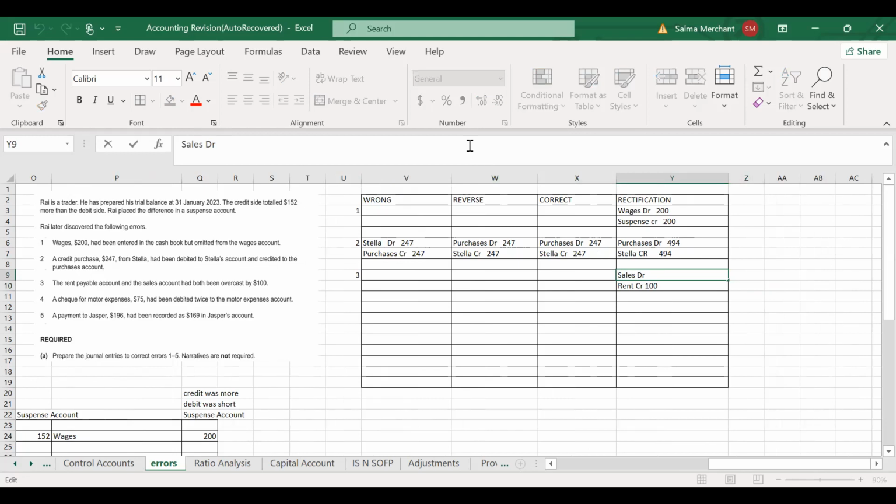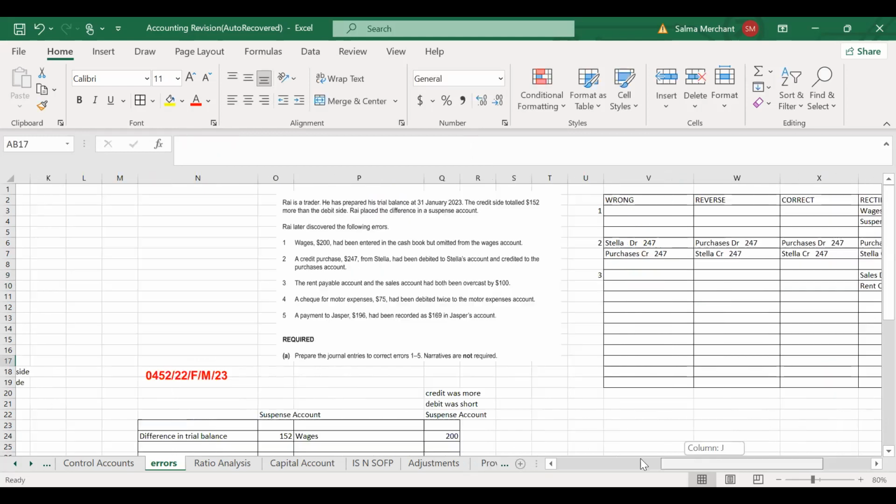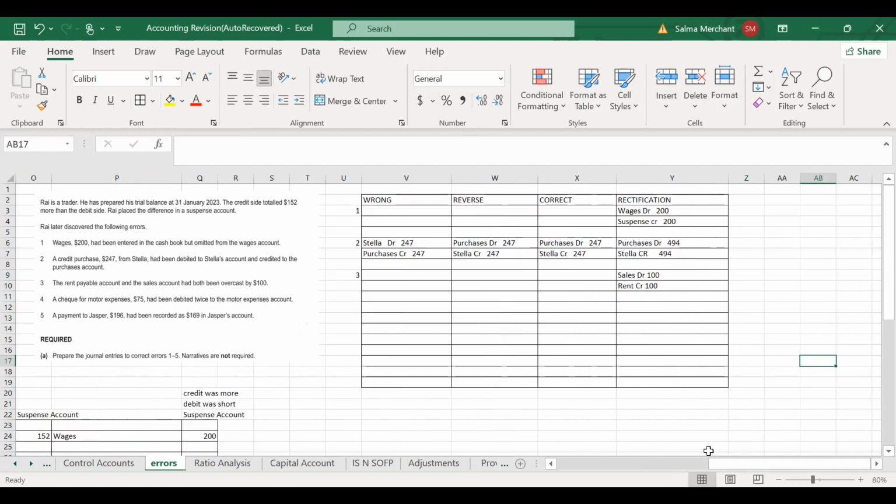So the rectification entry will be this. Suspense would be once debited, once credited, so it just compensates each other. Can you tell me the name of the error? Compensating. Very well.